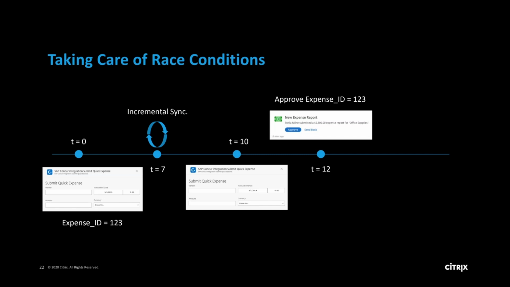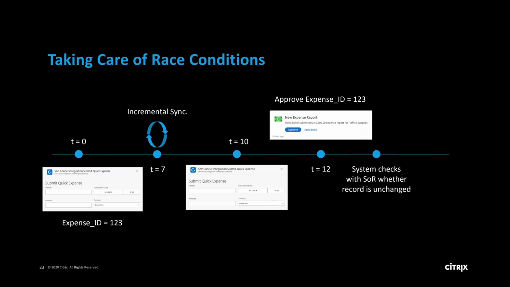So I come along and I decide to click the approve button for expense 123. And of course that goes all the way back through Microapp service, all the way back through the integration, all the way back to Concur. But what does it approve? Did the $100,000 expense get approved? Or was it 2,300? Or indeed what happened at all? Well, good news.